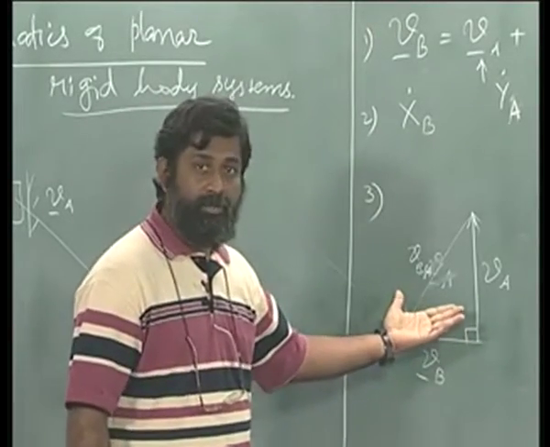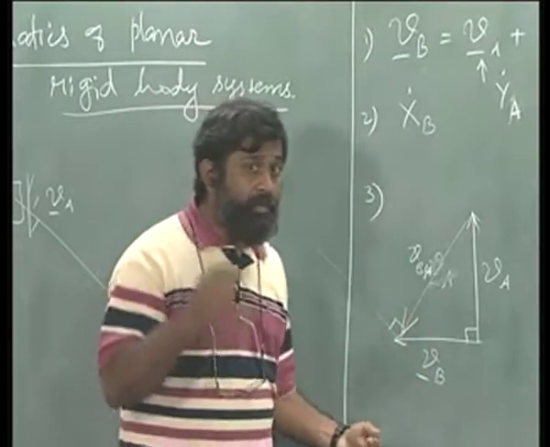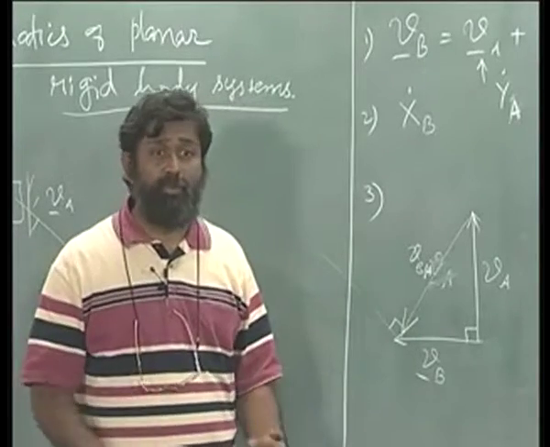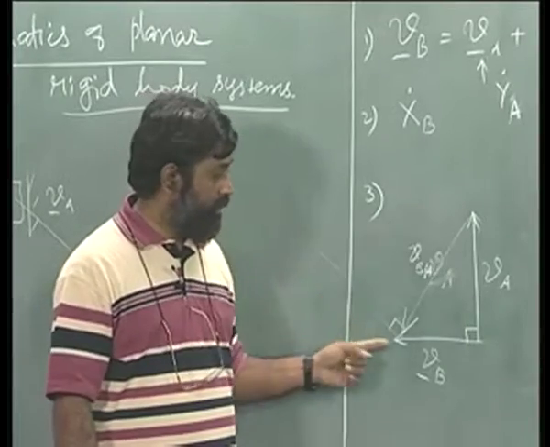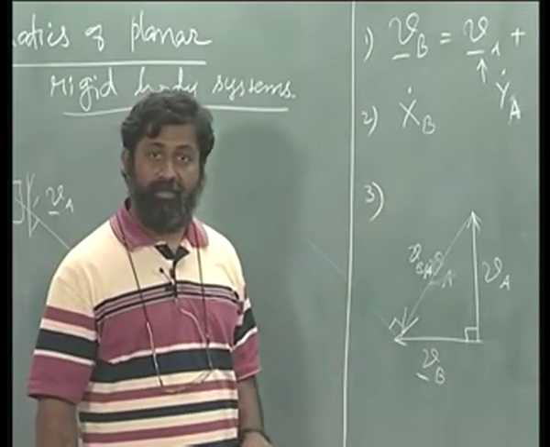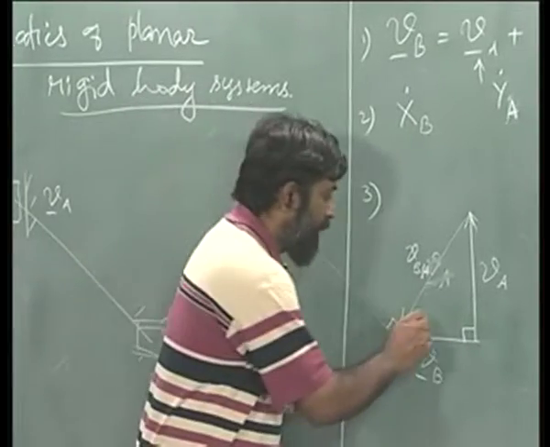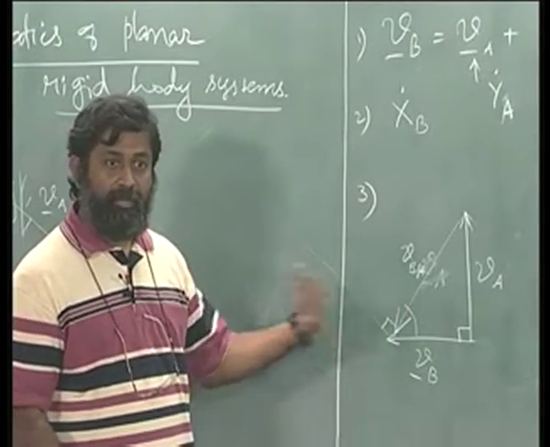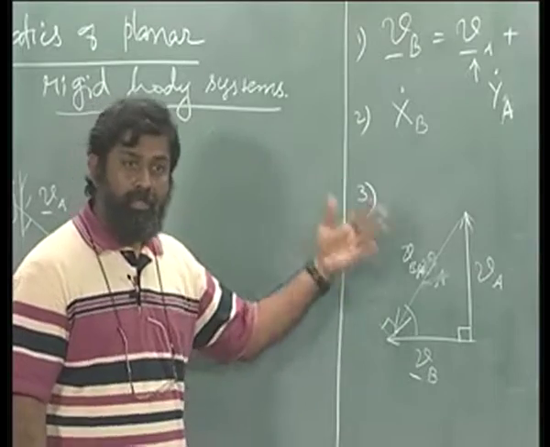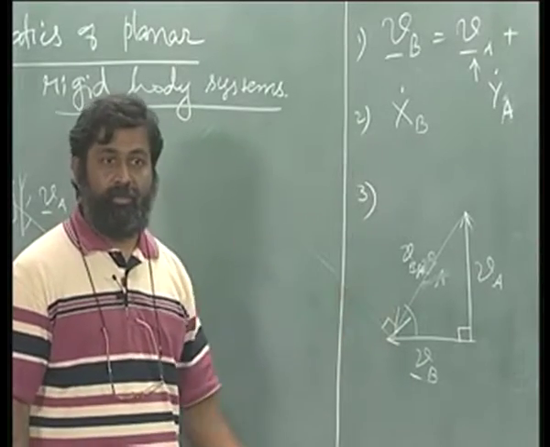Sometimes people use this method also, especially when you know the directions of each one of those velocities. I know the direction of this, I know the direction of this, I know the direction of this, and I know the angle. The moment I know these, it is possible for me to use a triangle in order to solve the problem.